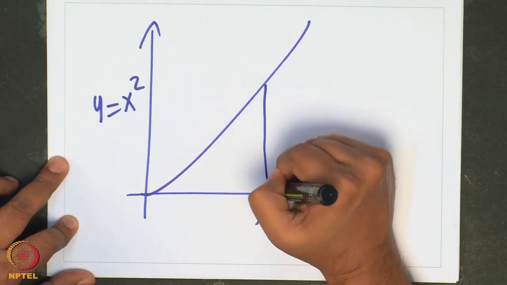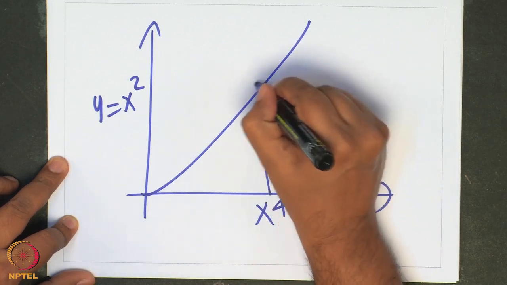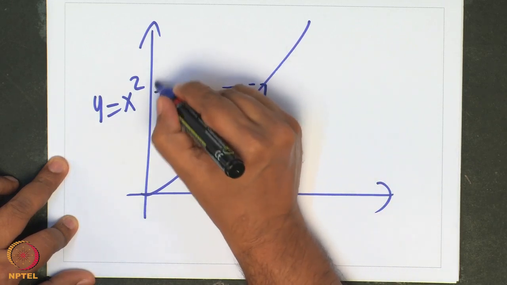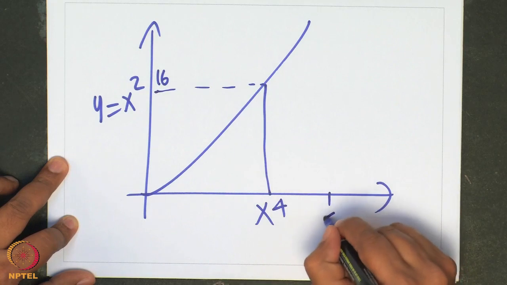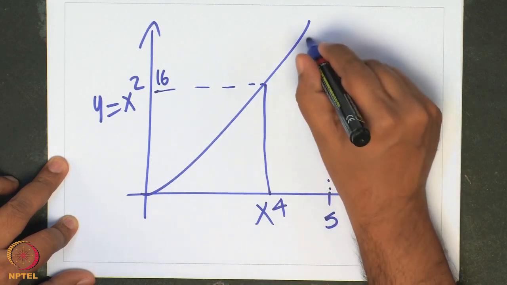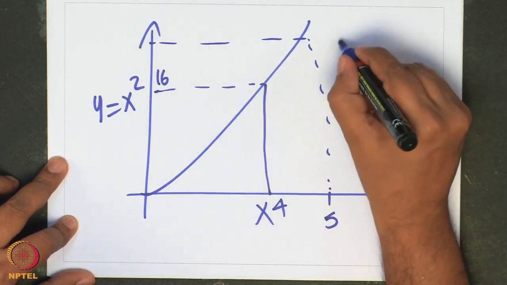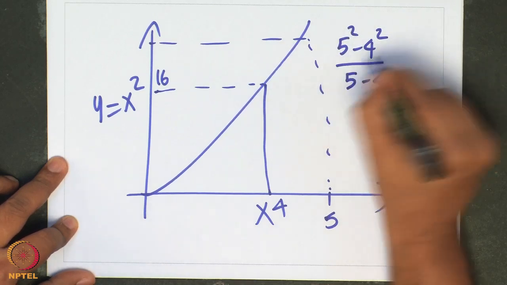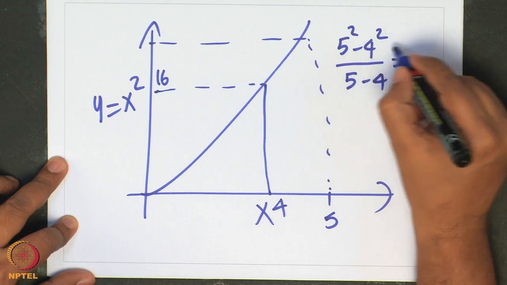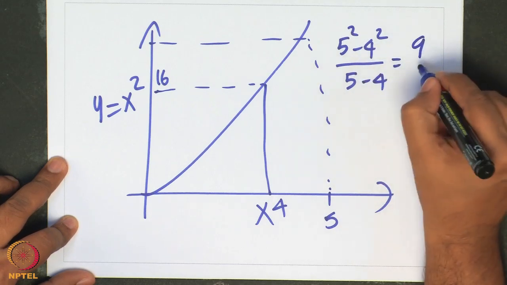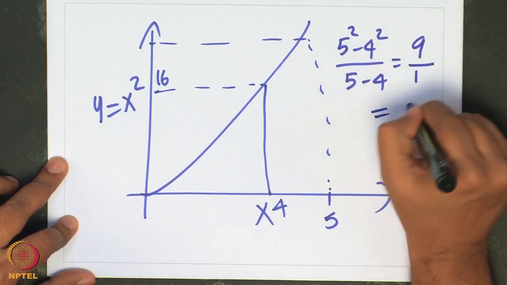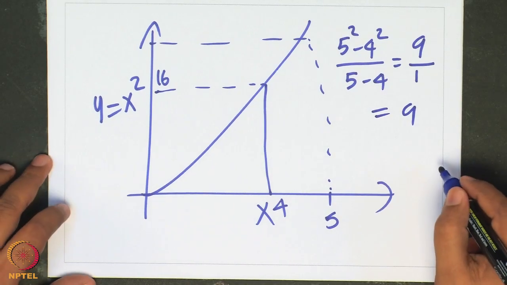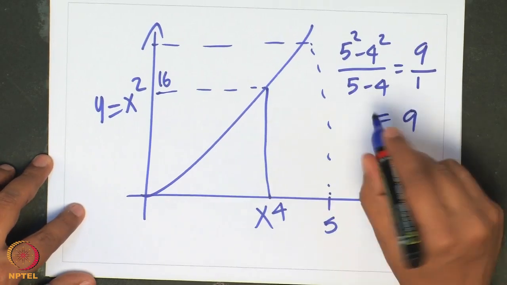You would want to take around 4, and this is 16, and 5. So if you take between 4 and 5, you have 5 square minus 4 square divided by 5 minus 4, which is 25 minus 16, you will get 9 as the slope.